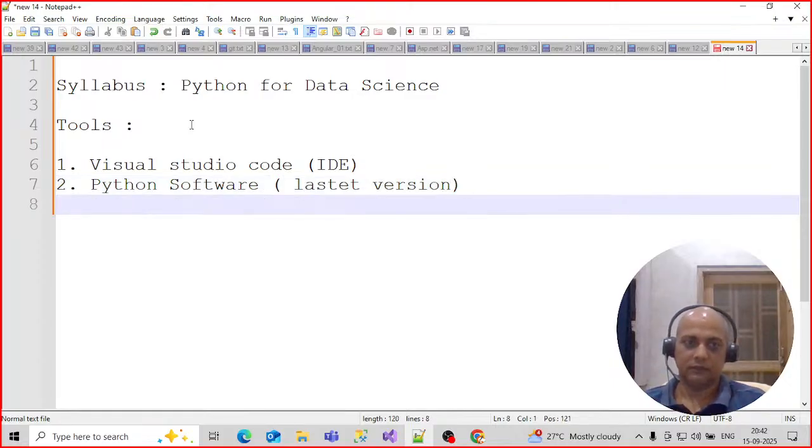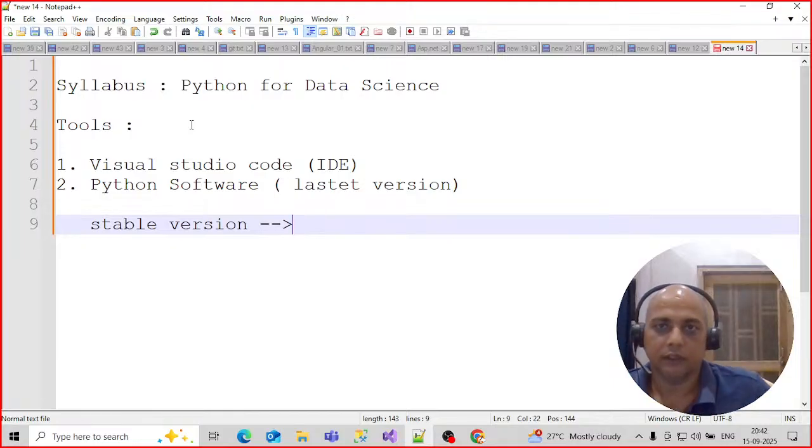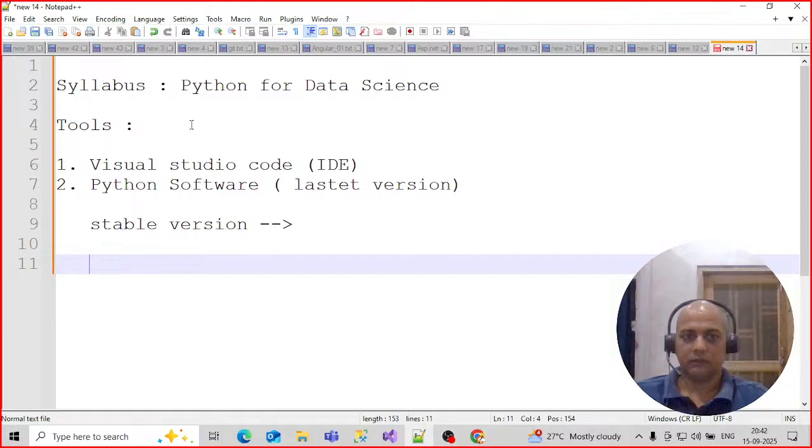One is the stable version, and we should always work on the stable version, because there might be pre-release versions or release versions. In the stable version, most of the bugs are fixed.